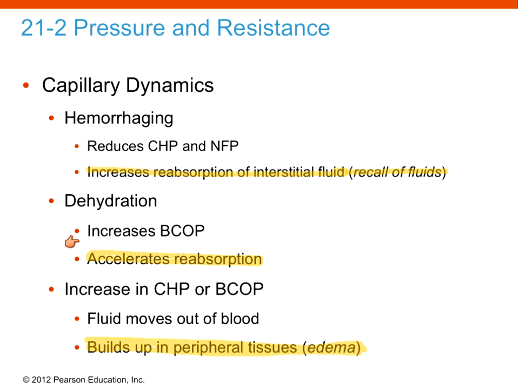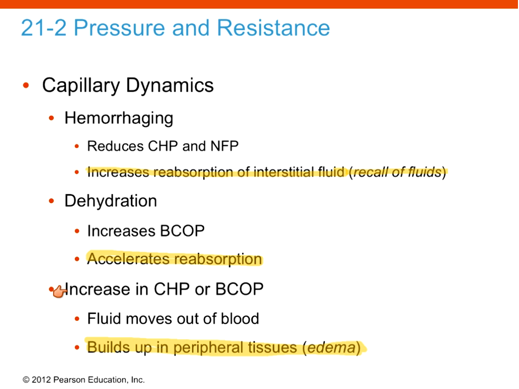Now, if we have an increase in blood colloid osmotic pressure as a result of dehydration, then that's definitely going to accelerate reabsorption. So this is a little bit different from what we have here. If dehydration is the cause, then blood colloid osmotic pressure is one of the results, and as a result, the body is going to try to rectify itself and accelerate reabsorption.